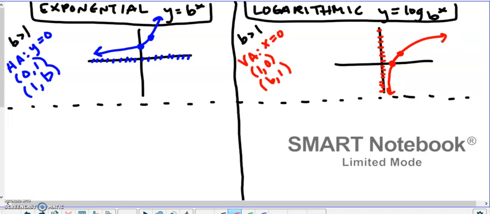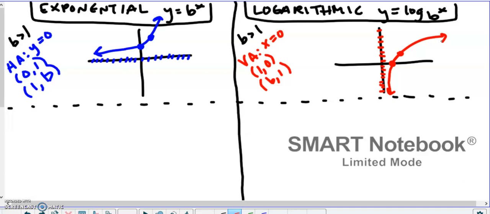And this is a logarithmic growth graph. As x goes to positive infinity, y goes to infinity. It's increasing everywhere on its domain. So exponential, now we have logarithmic for b greater than 1.